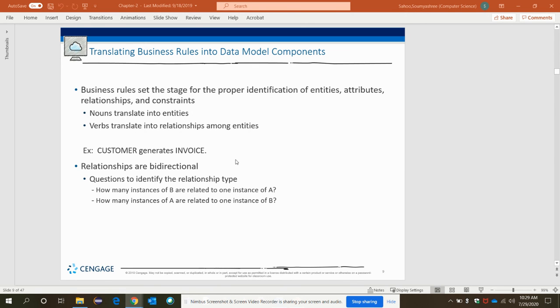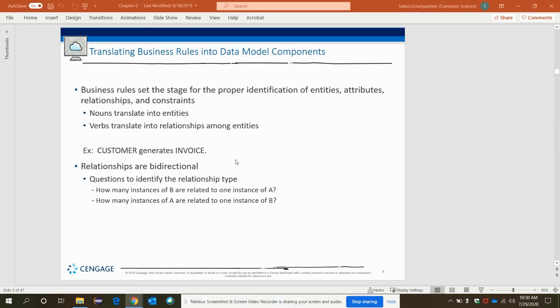Now, moving over to translating business rules into data model components. As a general rule, while you are writing the business rule, you need to follow some guidelines. A noun in a business rule will translate into an entity in the model, and a verb, active or passive, associating the nouns will translate into a relationship among the entities.